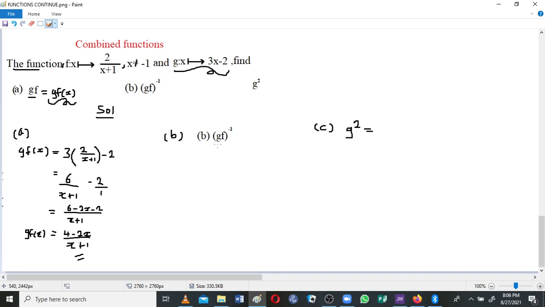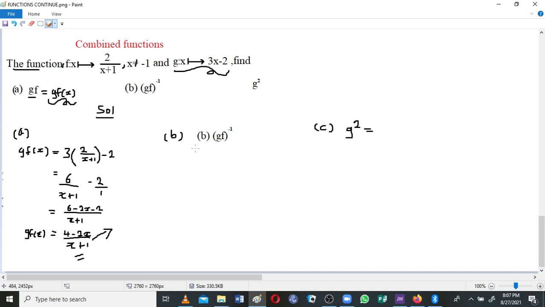Look at b. We want the inverse function of the combination of g(x) and f(x). Remember, the combination gf(x) is what we have here. So we are going to find the inverse of what we just calculated. How do we do that?